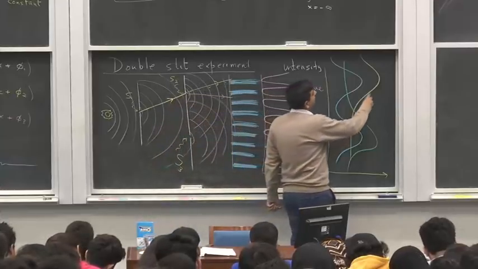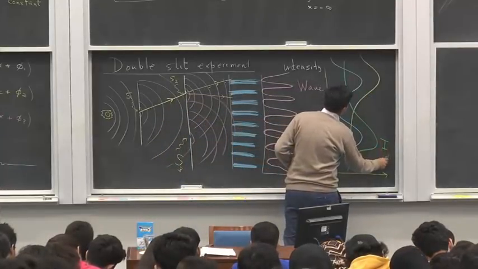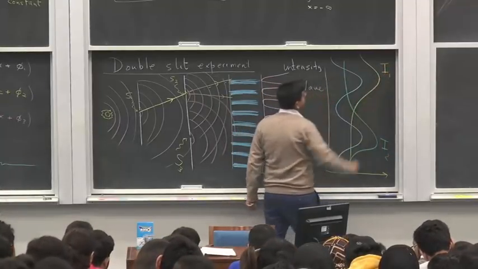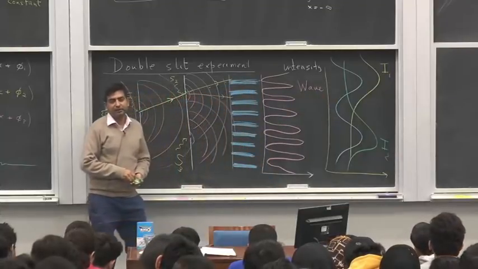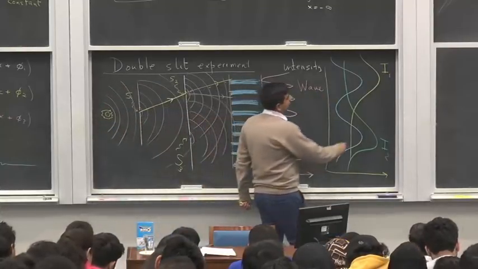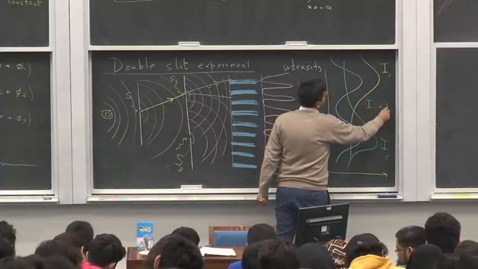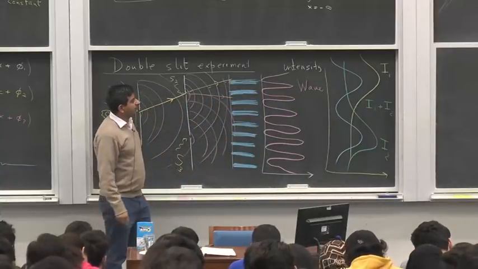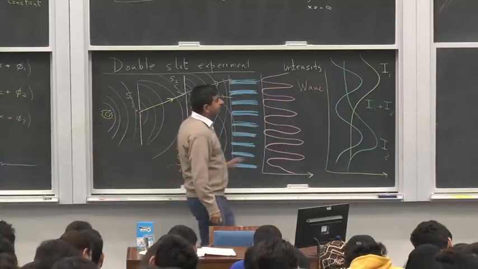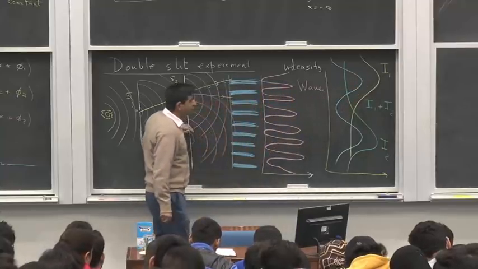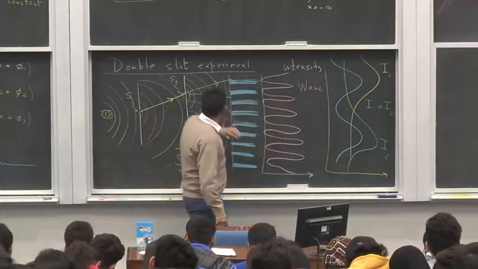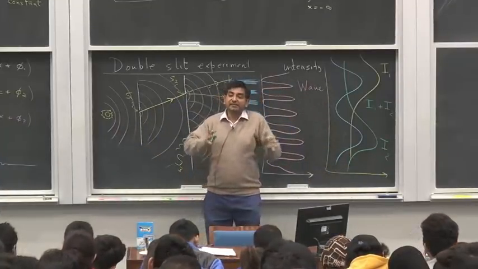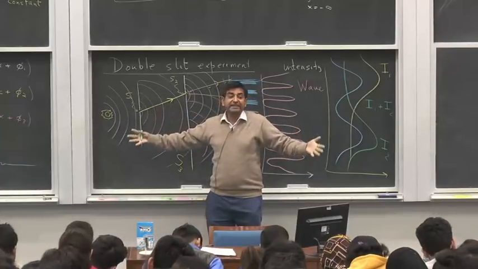If I call this pattern I2, and I call this pattern I1, then is the blue pattern just the sum of the two intensities? Yes, it is. It's just I1 plus I2 with some normalization factor, right? So if I have intensities I1 corresponding to slit S2 being closed, I2 corresponding to slit S1 being closed, if I keep both slits open, the pattern that I observe is just a simple sum of the intensities.